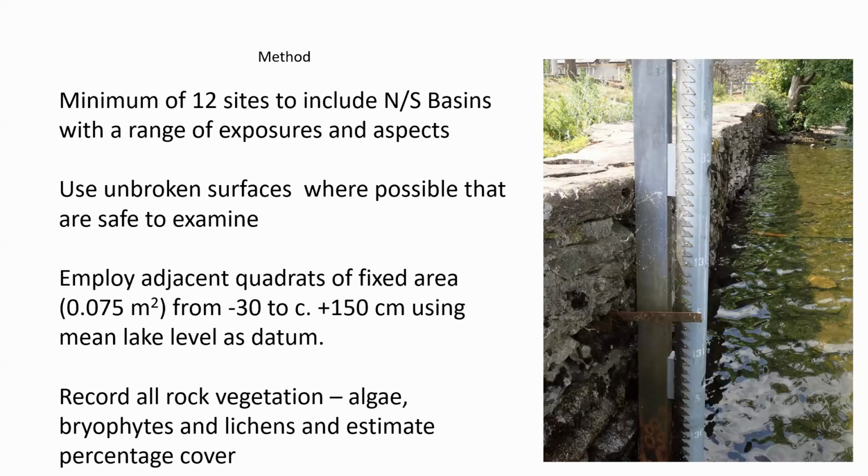I keep these fixed, so for that reason the quadrats change in shape a little bit according to the slope. Where I've got a vertical slope, which is quite rare, then my quadrat is 15 centimeters high, wide if you like. But where it starts sloping, the quadrat changes shape a bit just to keep the area the same for a particular height. That means I can compare different parts of the lake at different heights to see what vegetation they've got.